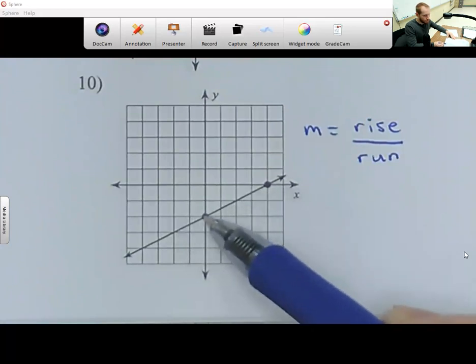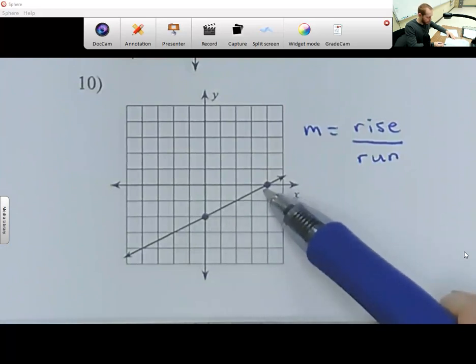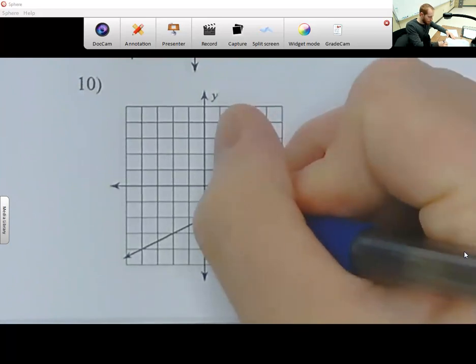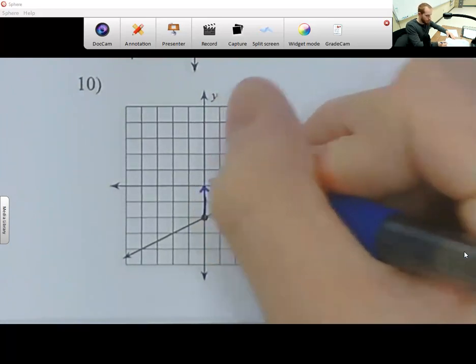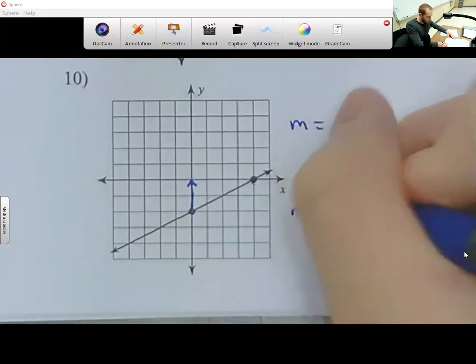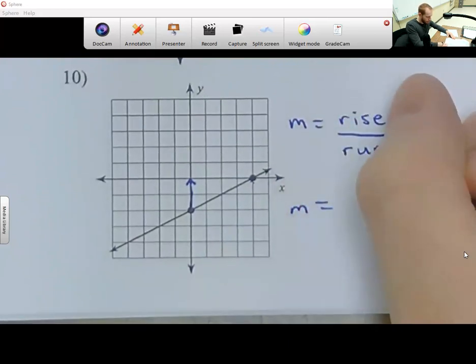So we're going to choose this one. Now, how far up do I have to go to get to this point? I have to go up 2, right? So 1, 2. So when I do my slope, my rise is going to be 2.